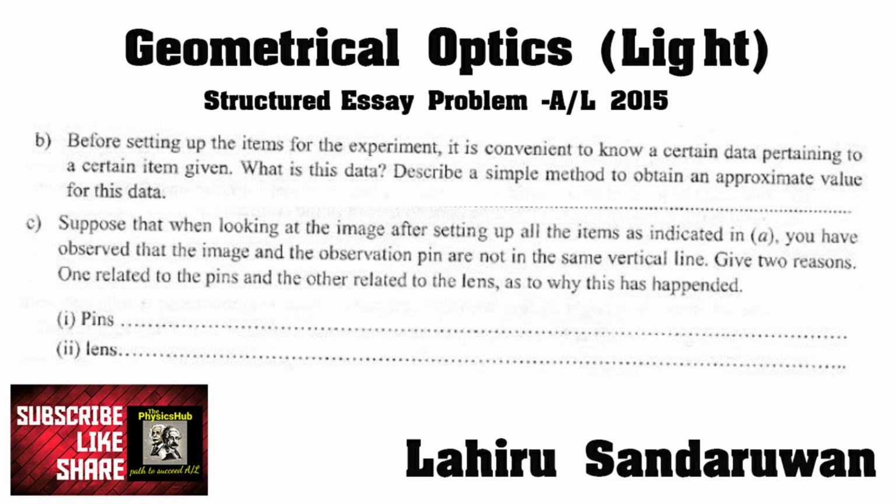Then part B. Before setting up the items for the experiment, it is convenient to know certain data pertaining to a certain item given. What is the data? Describe a simple method to obtain an approximate value of the data.